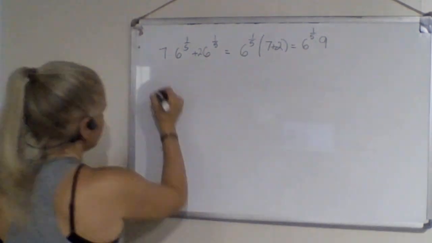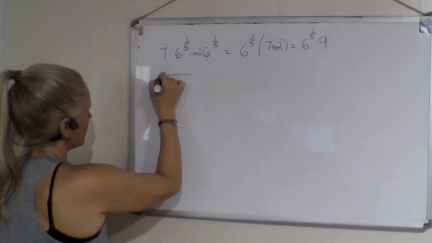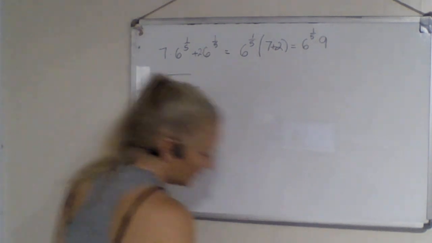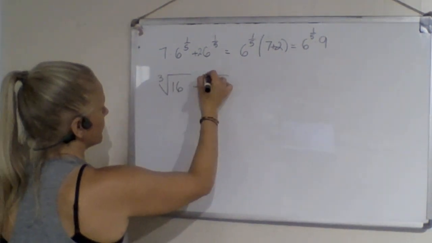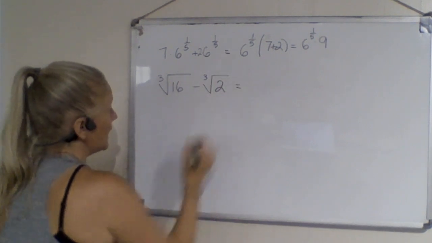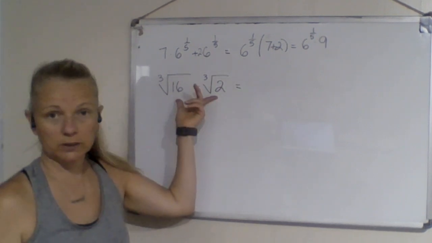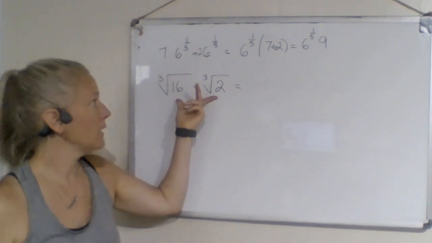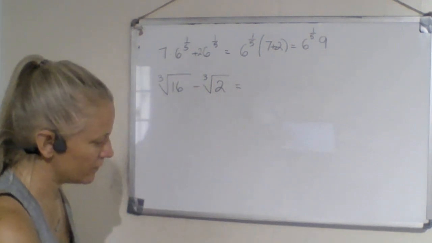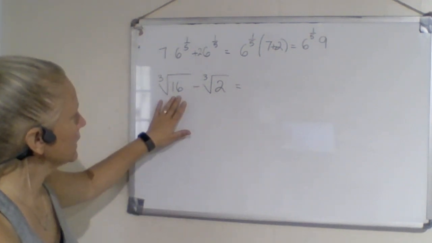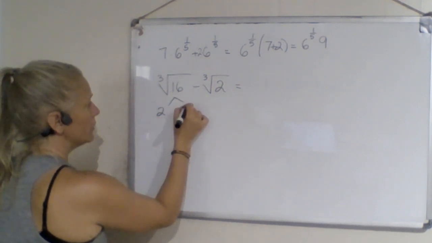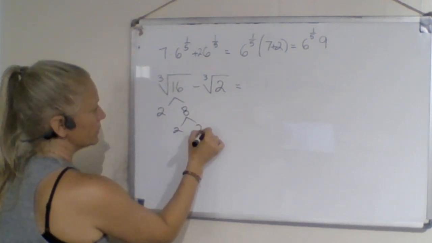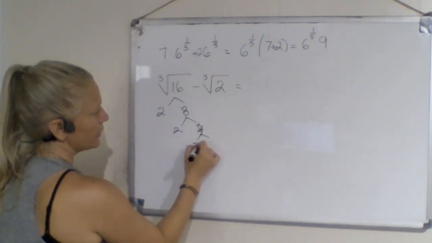What if I have cube root of 16 minus cube root of 2? Well, right now, they're definitely not apples and oranges. They don't look like each other, right? There's 2 ways to solve this. The easiest way is to look at 16 and go 2, 8, 2, 4, 2, 2.